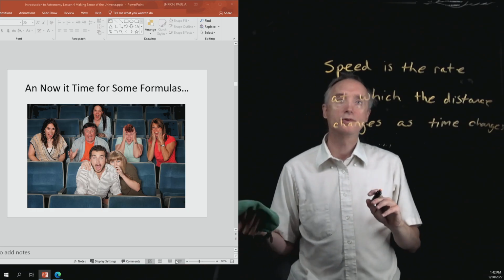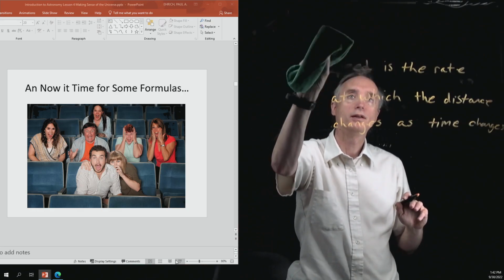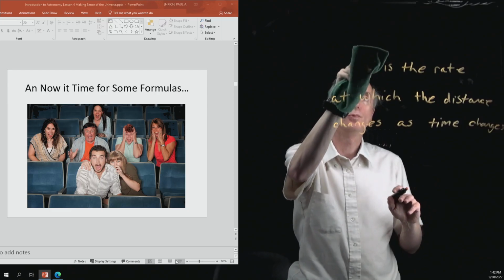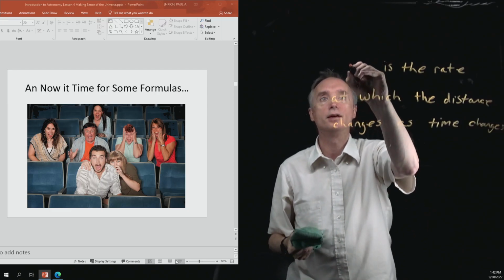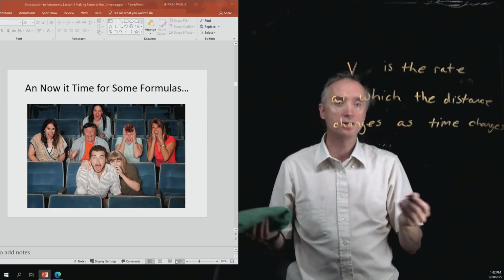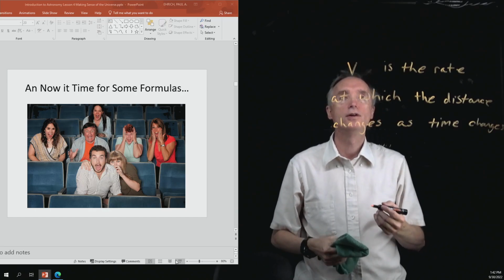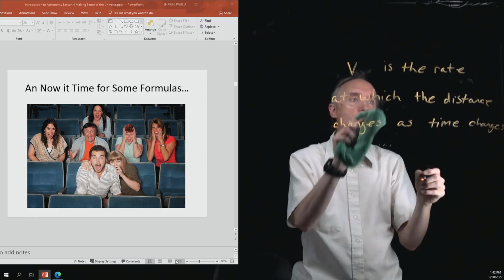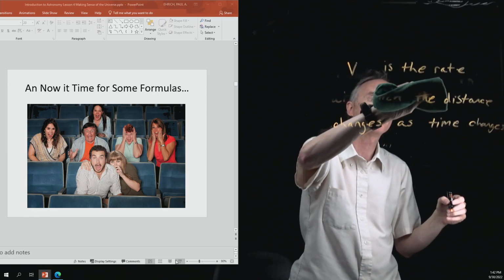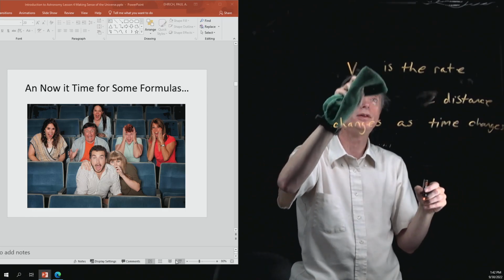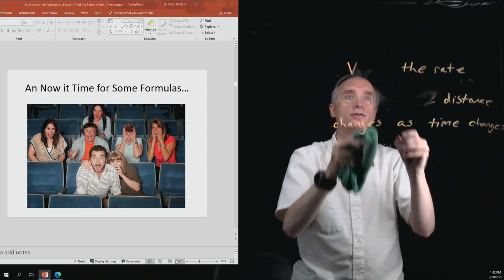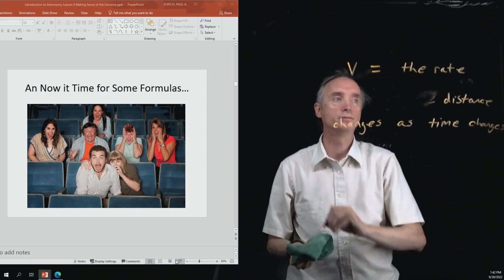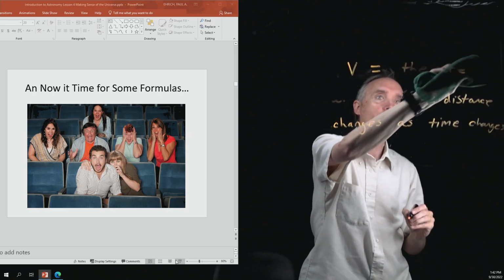So instead of the word speed, let's use a letter. So just one letter to represent speed, and we're going to say V, as in velocity. Okay, so velocity is the rate at which distance, okay, so let's get rid of all of this. So instead of the word is, let's put in an equal sign, and then we can get rid of this.